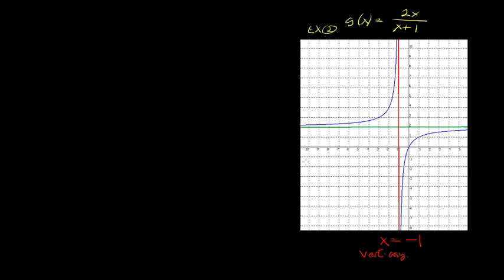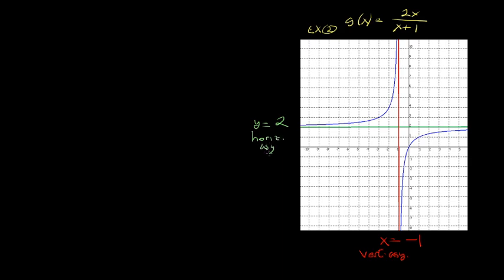But you notice the horizontal line, this green line here, is also an asymptote, a horizontal asymptote, because the blue graph also gets close to that green line, both on the left and on the right. And so that green line in this case is, if this is 0, it's bumped up 2 units, so y equals 2, and that's going to be our horizontal asymptote.